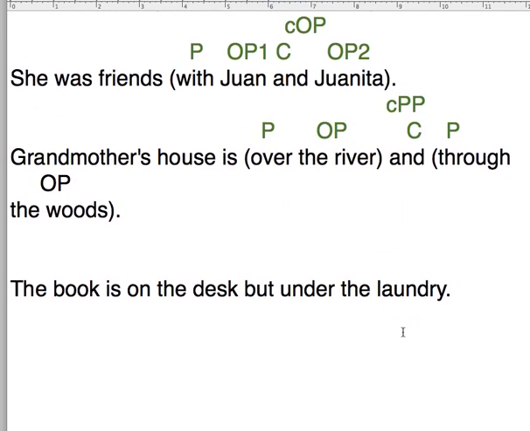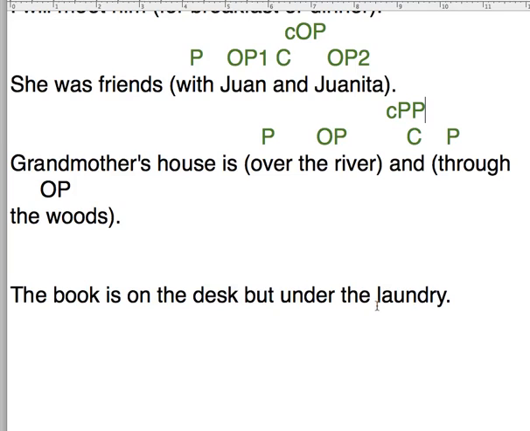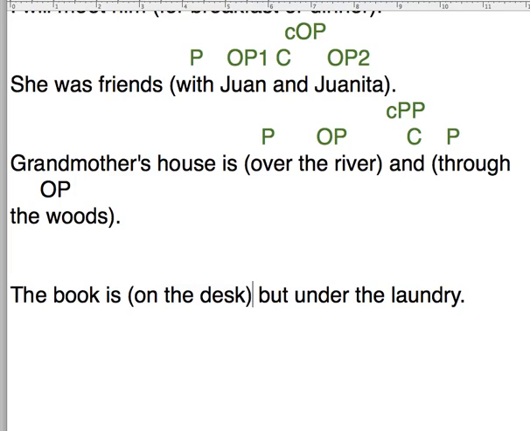Last one. The book is on the desk, but under the laundry. We see there's a prepositional phrase here, on the desk, right? Preposition is on, capital P. The desk is the object of that preposition. Under is a preposition. Under what?